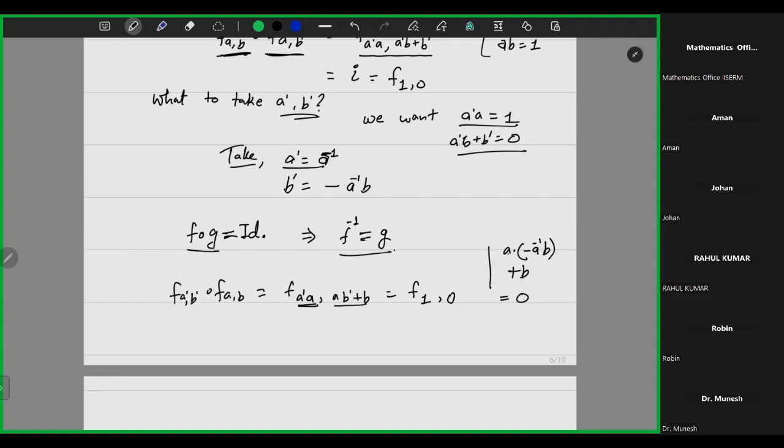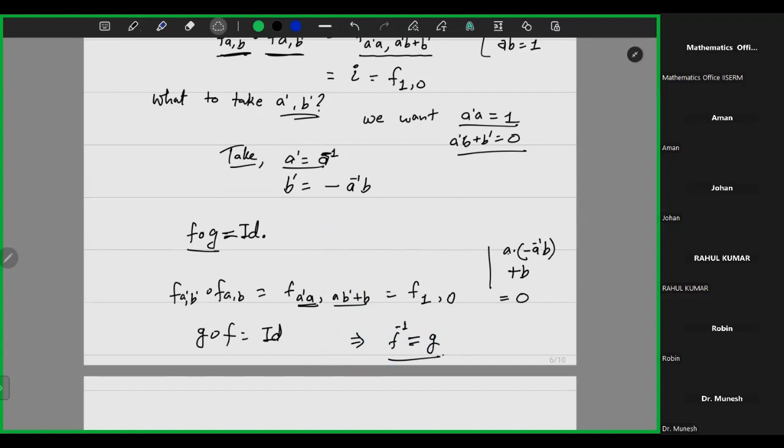So from here we get the composite F is also identity. So we conclude this: F inverse is G. Okay, left and right both inverse.